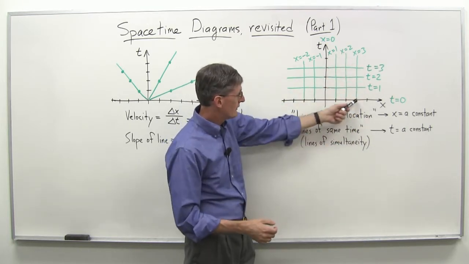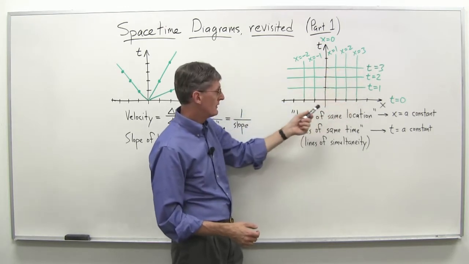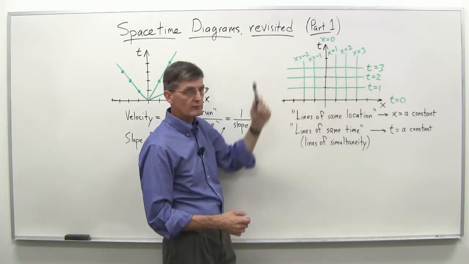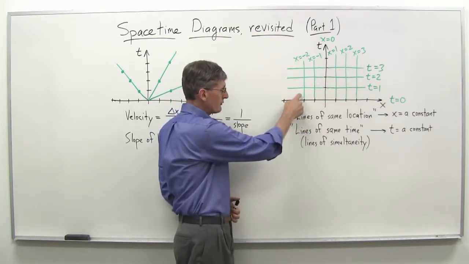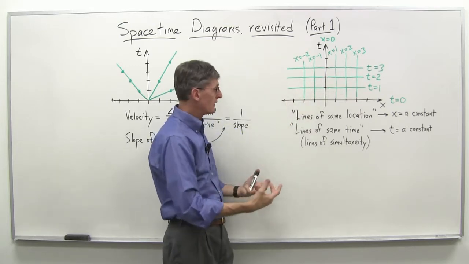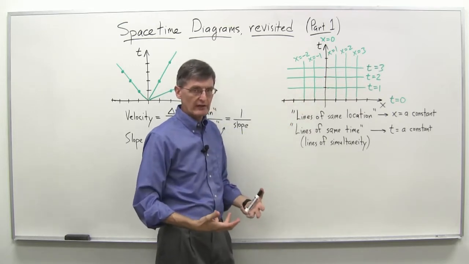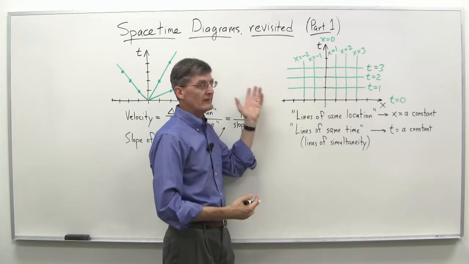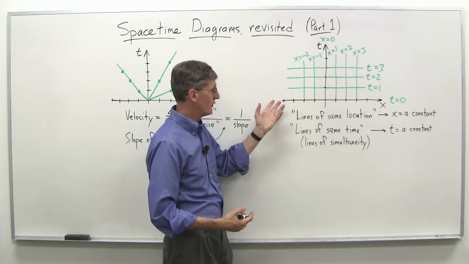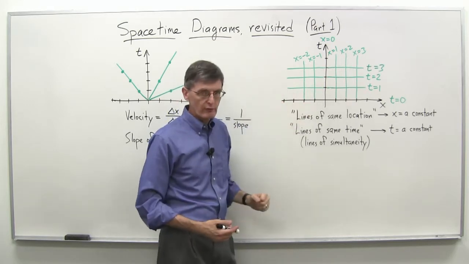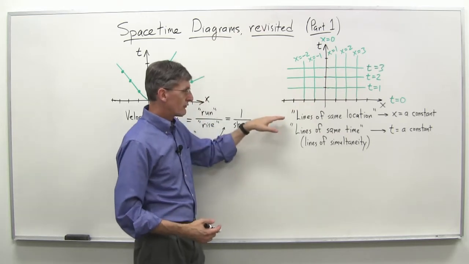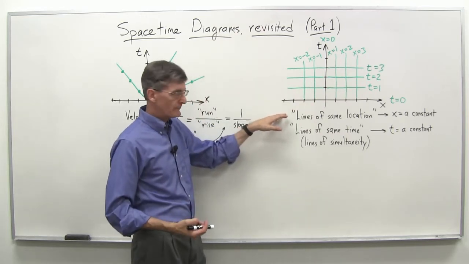This is the line of same location for x equals 3. And similarly for x equals negative 1, x equals negative 2. So again, if this one here was the world line of an object, it would mean it's sitting at x equals negative 2, motionless in this frame of reference, of course, and so on and so forth for each of those. So those are lines of same location.